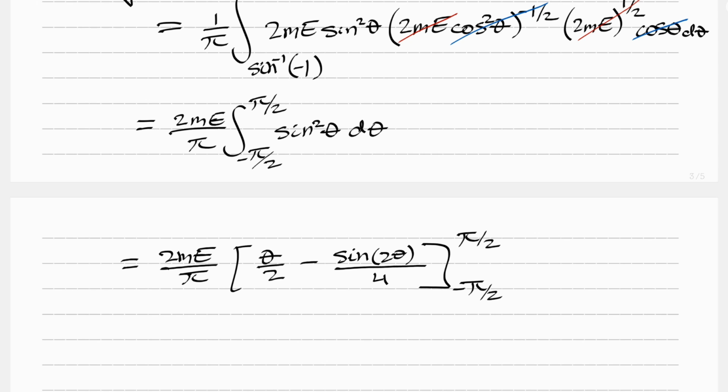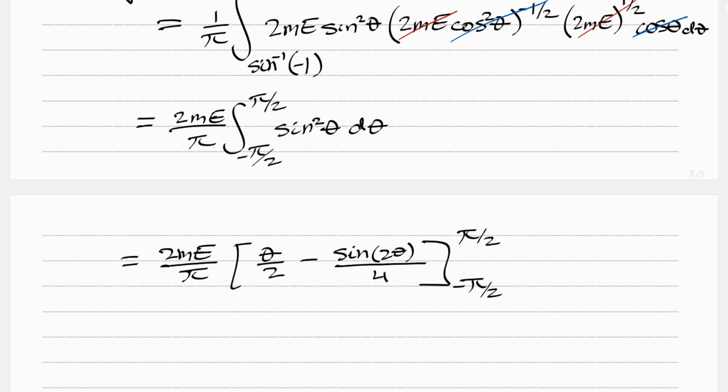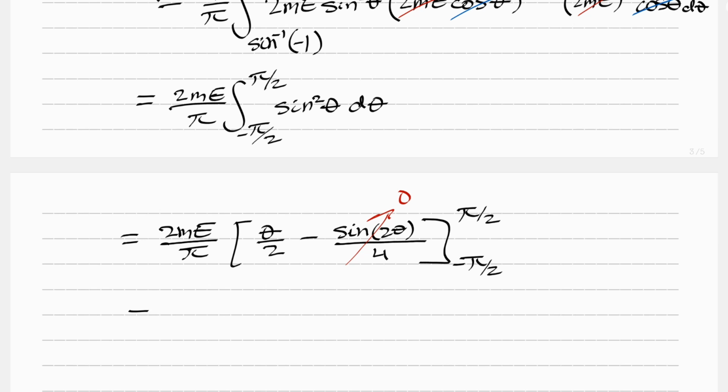So minus pi halves to pi halves. You'll see that whether you plug in pi halves or minus pi halves, this term goes to 0. That's not going to contribute. And so you just get pi fourths minus negative pi fourths, so that should be pi halves. And so this is equal to 2mE over pi times pi over 2. Pi's cancel, 2's cancel, and that is just equal to m times E.